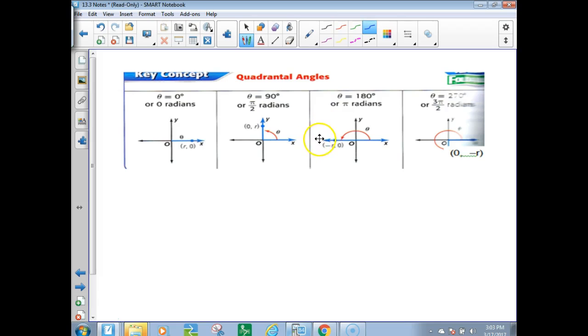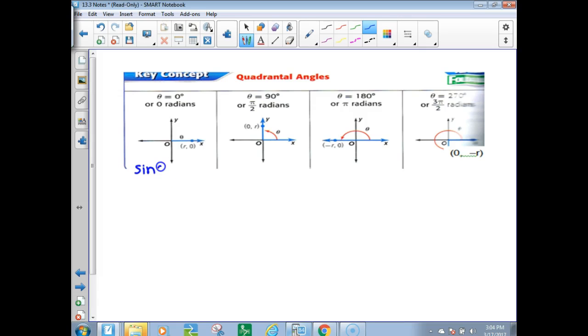Quadrantal angles are angles that land on the x or y axis, okay? So this 0 degrees here, if you want to think of it as the point r, theta, meaning isn't r the x value now, the radius or the length of that ray? It's now just r. So the cosine and sine can be found by thinking about this.